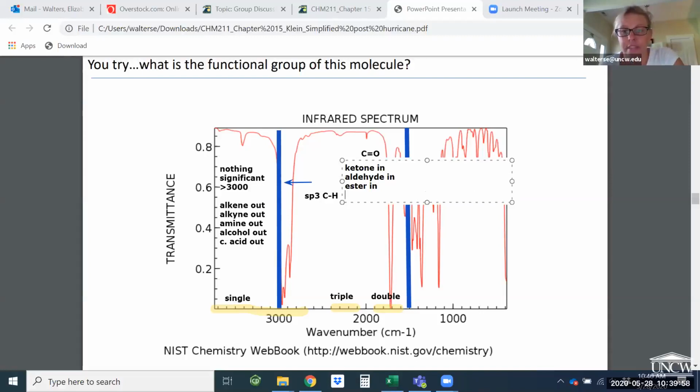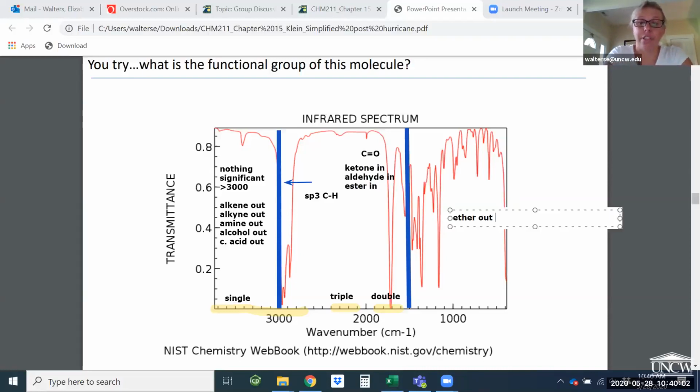Now, ethers are out because they have carbon to oxygen single bonds. Okay. So we're not going to have IR of any sulfur containing groups. So it's really the things that contain nitrogens, oxygens, and carbons that you really have to worry about.